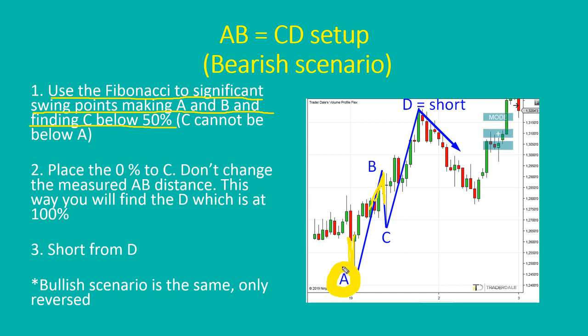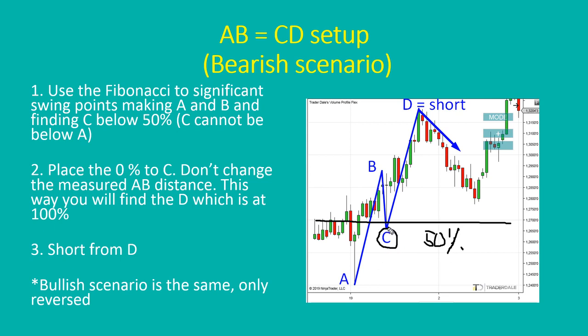This one is A, this one is B, then you can see the price goes downwards below 50% of the distance from A to B. If the price went just, for example, in here, then it would be above 50% and it would be invalid. So what you need to see is the point C being below or at the 50% between A and B. So this is the C.